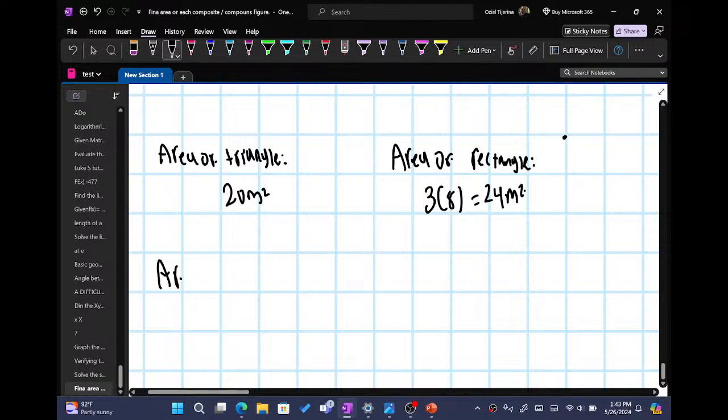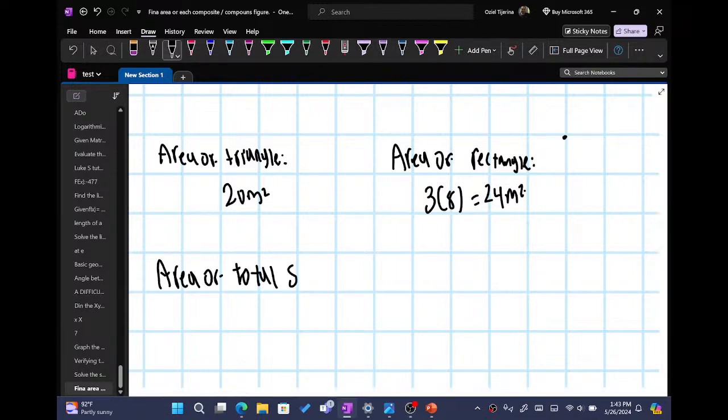So the area of the total figure, or total area of the shape, really.